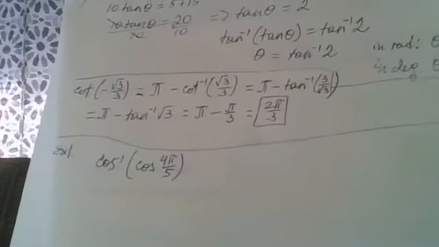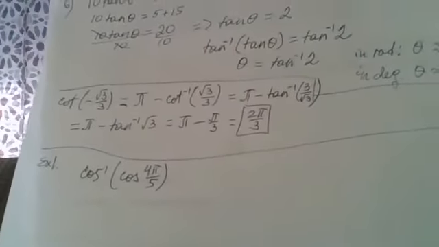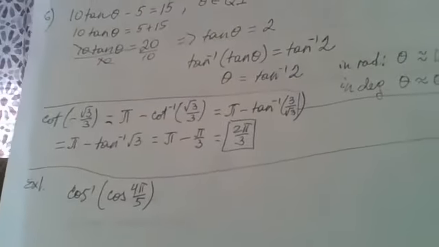So this is like example number 1, let's say. It has arc cosine composed with cosine of 4 pi over 5.